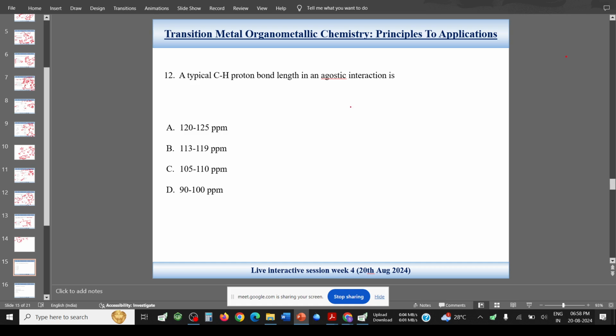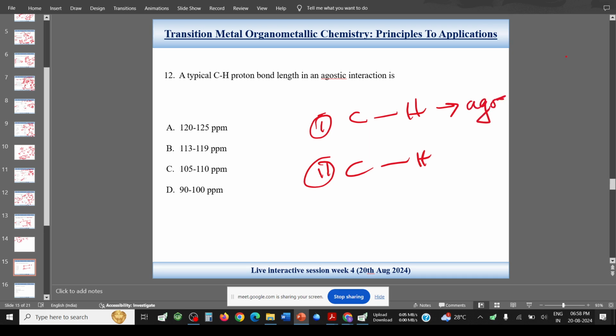We have two CH bonds. Let's say this is CH1 and we have CH2. What is the difference? This one has agostic interaction, this one does not. So which bond length will be more and which will be less?